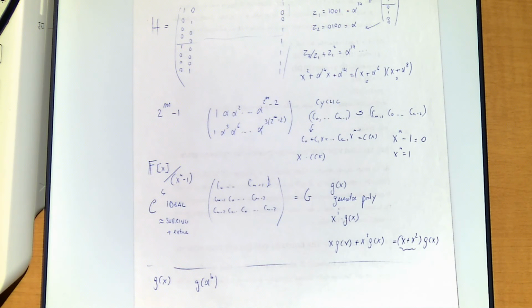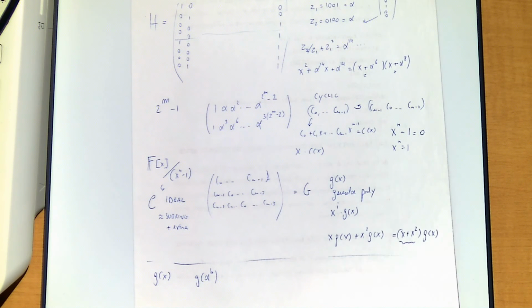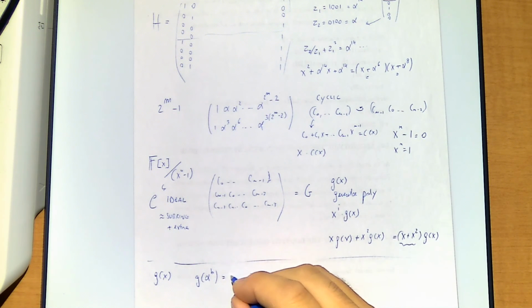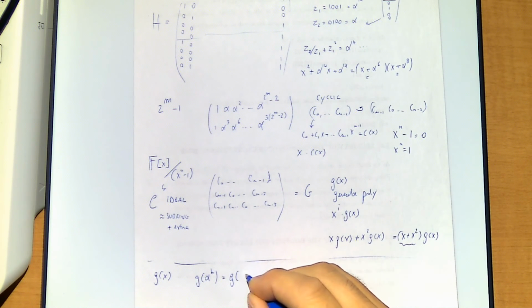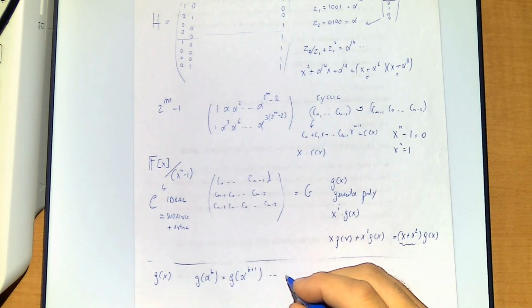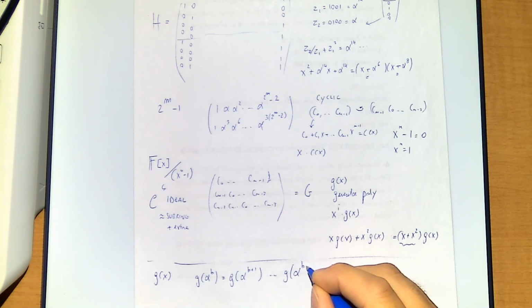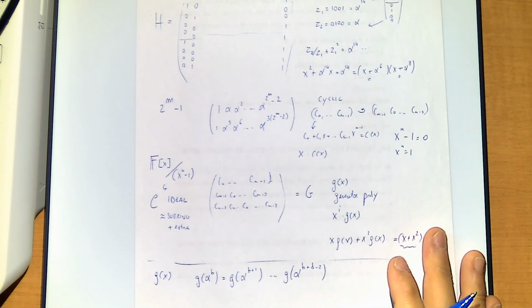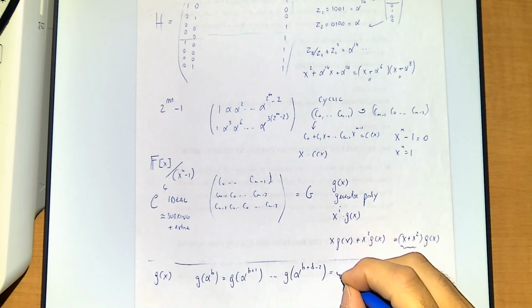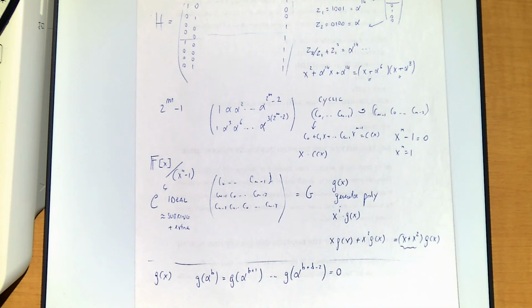Remember that before we had these field elements being roots, right? And then now I compute G also in alpha to the b plus 1, all the way up to alpha to the b plus delta minus 2. Okay? And suppose that by pure chance I find that all these successive field elements are roots.